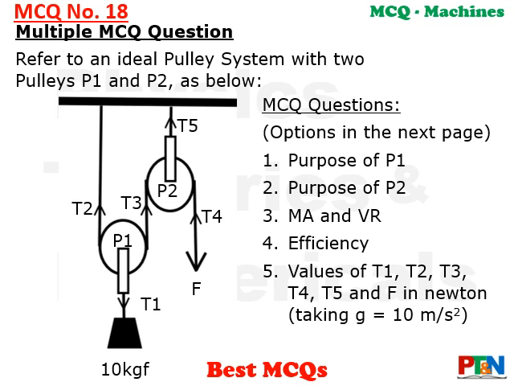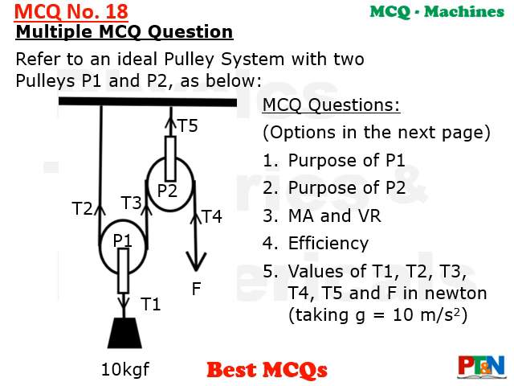Purpose of P1, that is single movable pulley. Purpose of P2, that is single fixed pulley. Mechanical advantage and velocity ratio of this system, the efficiency of the system, and values of T1, T2, T3. Look at the question carefully. It talks about referring to an ideal pulley system.